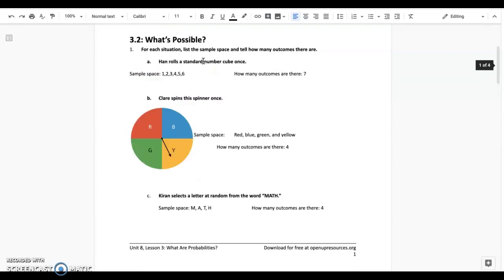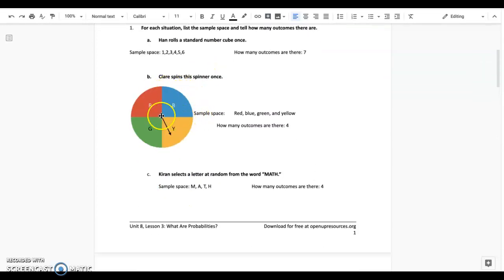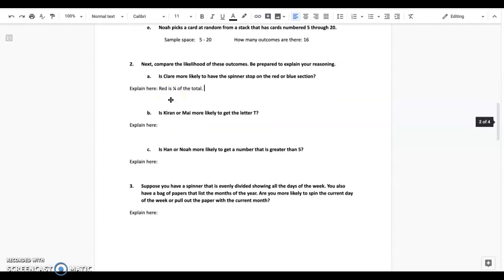Blue is also 1/4 of the total. That's 1 out of 4 chances, or total chances, to land on blue. So on this one, both red and blue are equally likely to occur on the spinner.